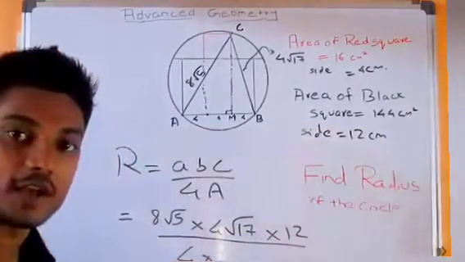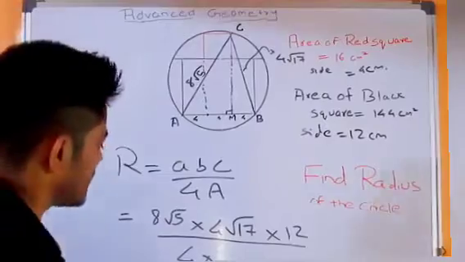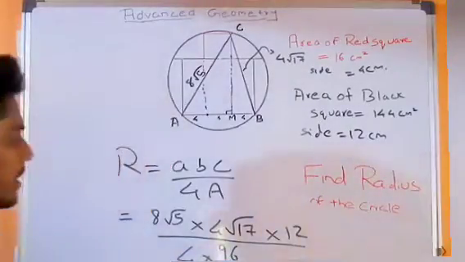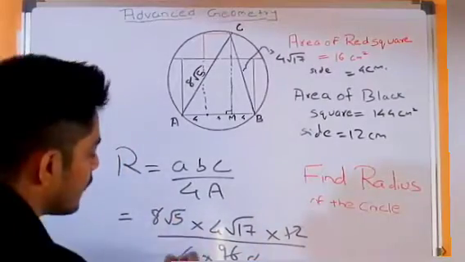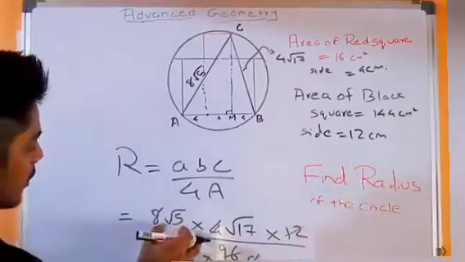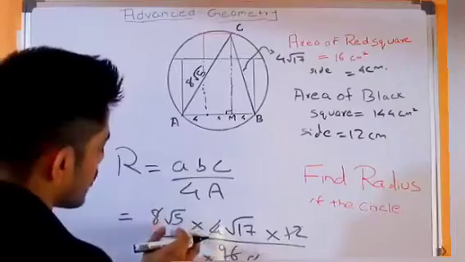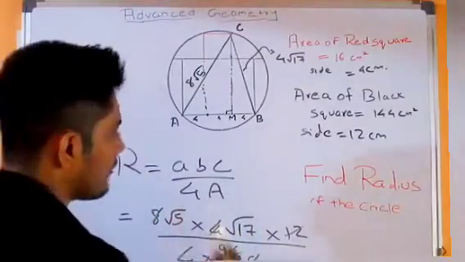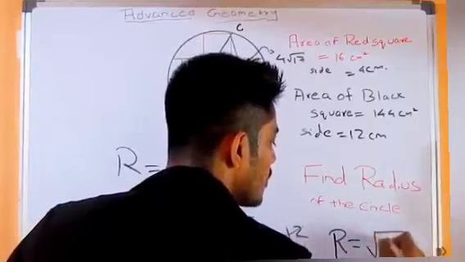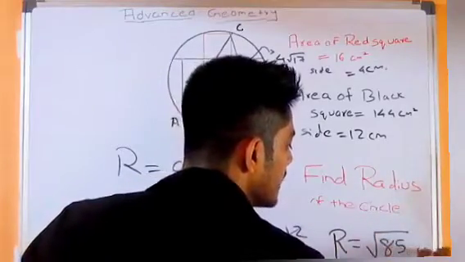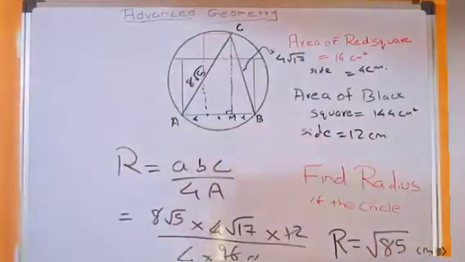What was the value of the area? It was 96, I guess. So I'm writing 96 over here. 8 gets cancelled, 4 gets cancelled. What is remaining is root 5 into root 17. So our final answer would be R is equal to root 85 centimeters. We got the value of the radius.